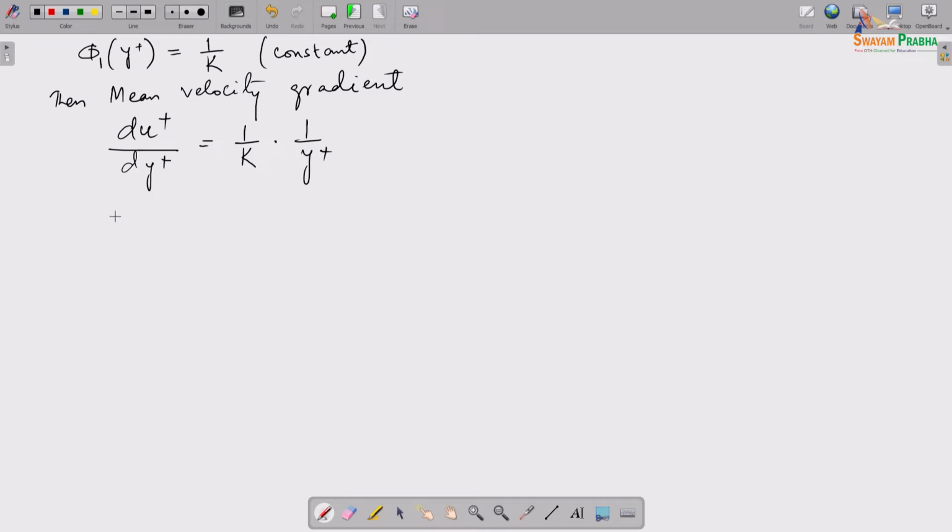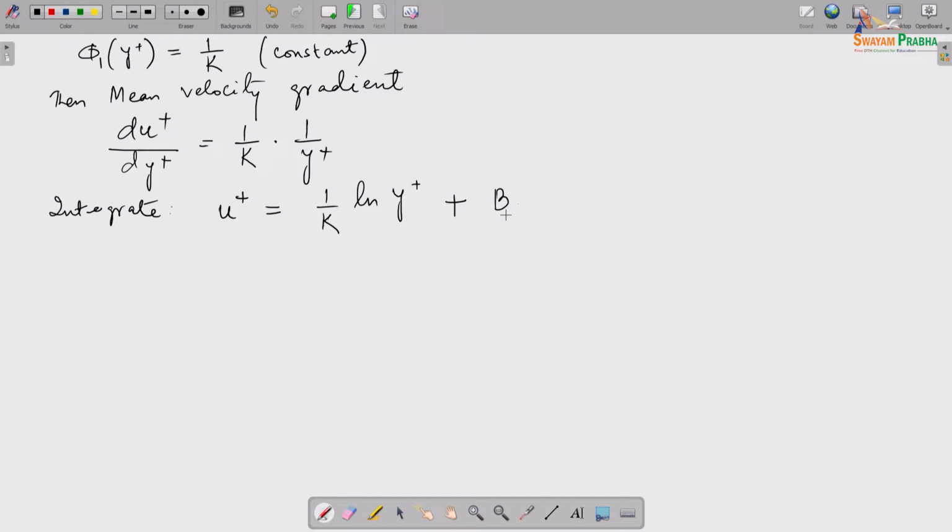Now, if I integrate this, so essentially u plus is equal to 1 by k, plus another integration constant, right. This is another integration constant.